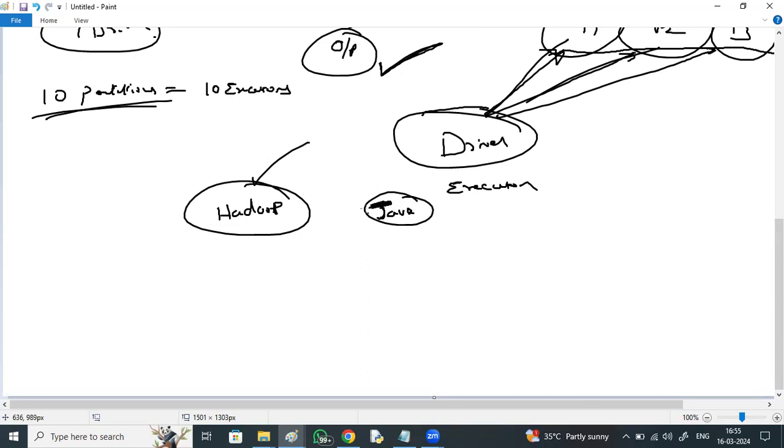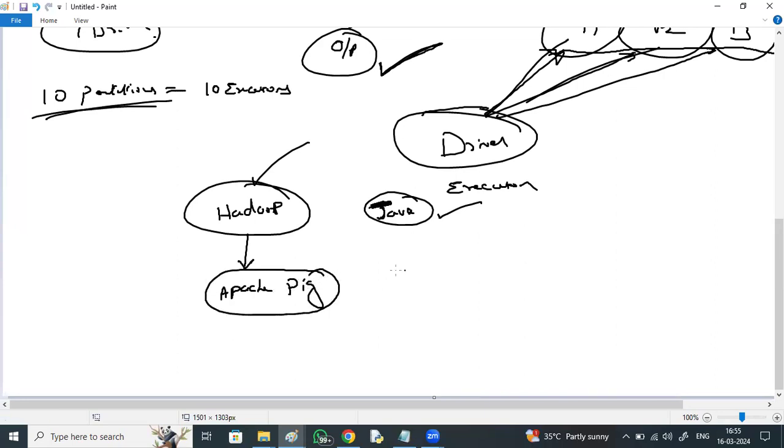So what happened, if you see in 2012, 13, when Hadoop was introduced, there was a big hype for Hadoop. But slowly people started migrating from Hadoop to different environments because of the huge amount of coding required in Java programming. So Apache introduced many components, like Apache Pig.